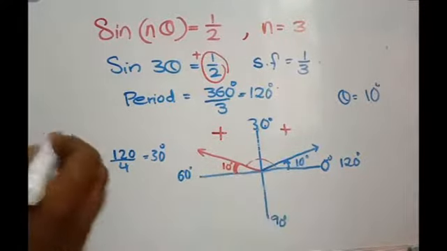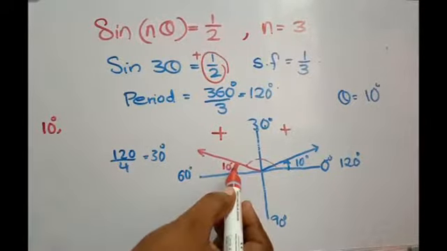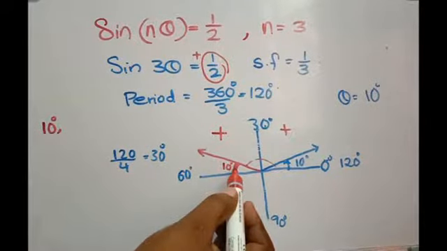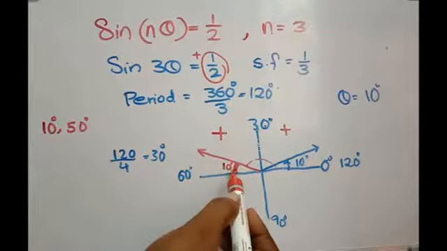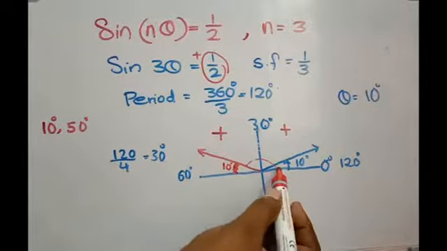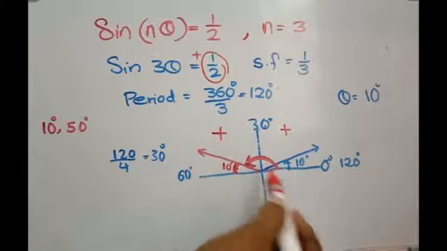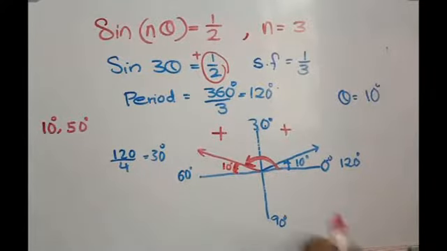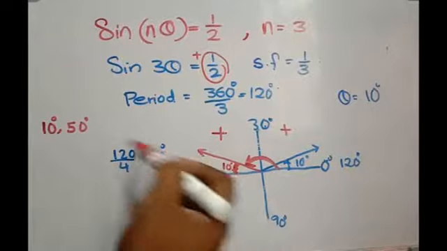Okay, so the smallest angle is 10 degrees. The next angle is 50 degrees. How do you get this 50 degrees? This is the reference angle so formed. So this angle is the second angle. That is 60 minus 10, we get 50 degrees.